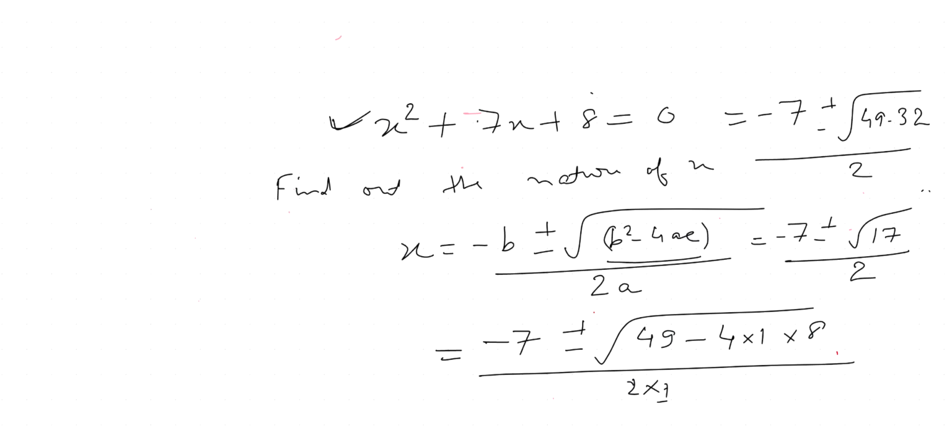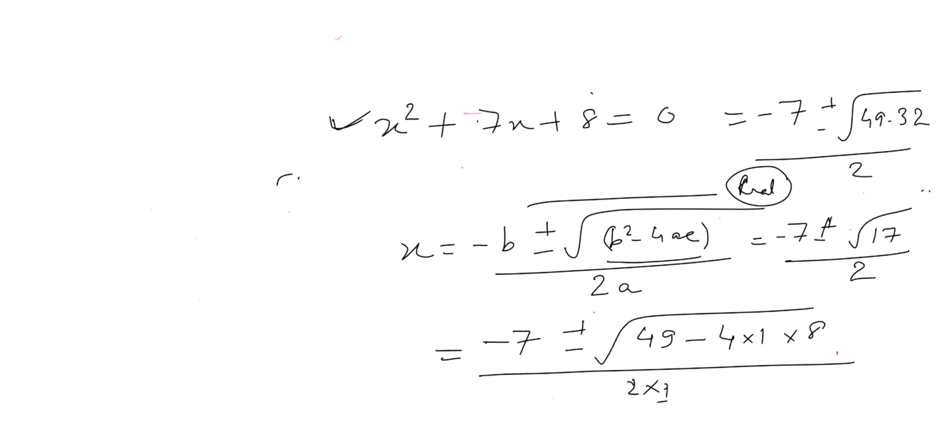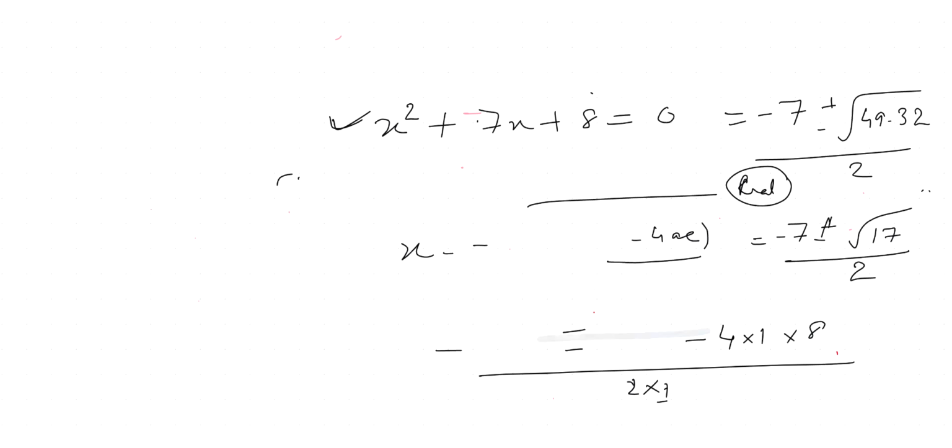So the nature of x is real. There are two different values of x, and those numbers are real numbers. And you can apply this in several use cases wherever you are not able to split the middle term.